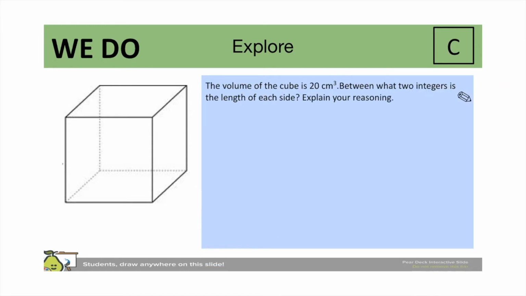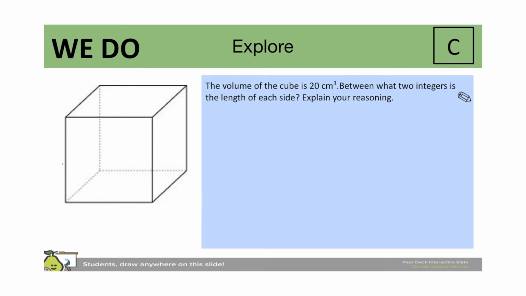For the we do, students are going to think about between what two integers is the length of each side if the volume of the cube is 20 centimeters cubed, and to explain their reasoning. Thinking about their prior knowledge of estimating between which two integers square roots were, they're going to apply this knowledge now to cube roots.